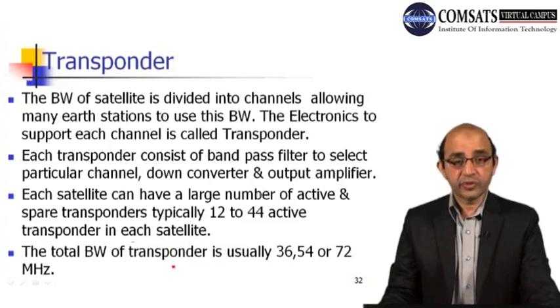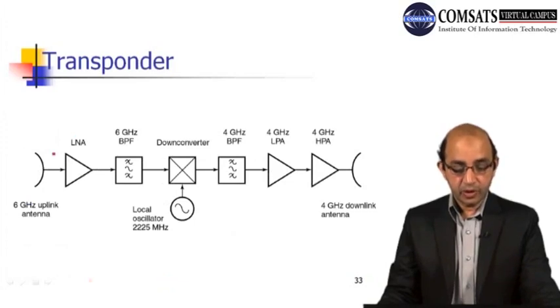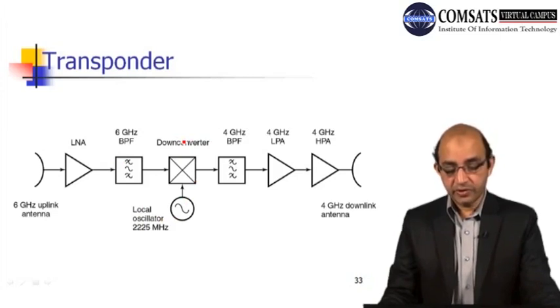If we want to know the bandwidth of the transponder, it is 36, 54 or 72 megahertz, right? So here is the block diagram of a transponder: low noise amplifier, 6 gigahertz uplink antenna, and here we have the band pass filter, down conversion, local oscillator, and then we will be performing the down conversion.